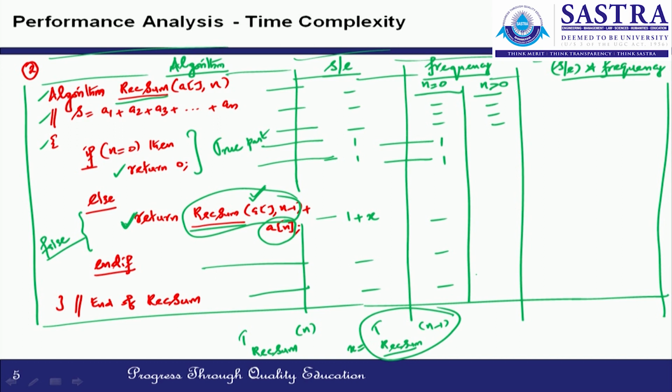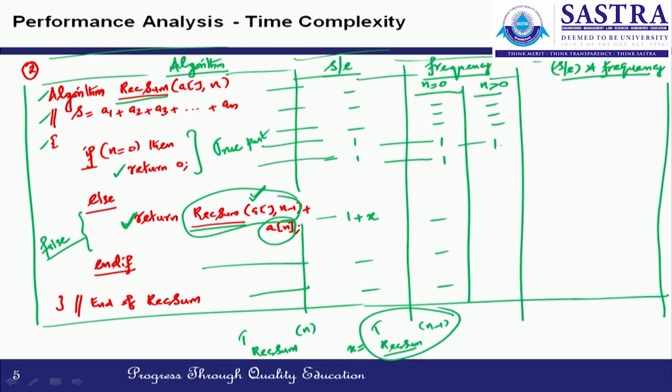Understand? Now consider the case when n is greater than 0. If n is greater than 0, n is equal to 0 is tested. So the step per execution when n is greater than 0 is also 1.